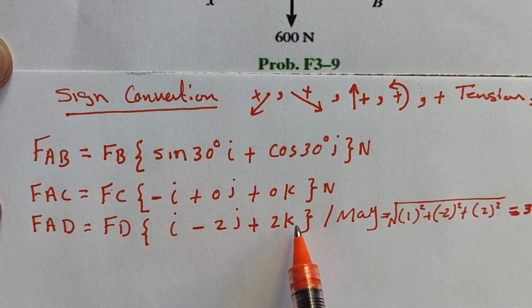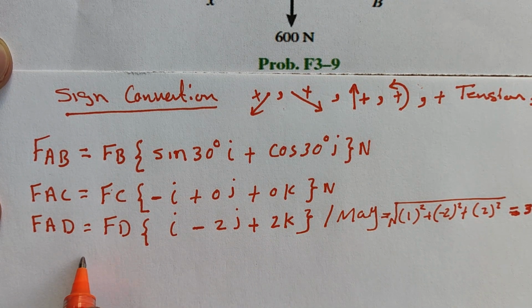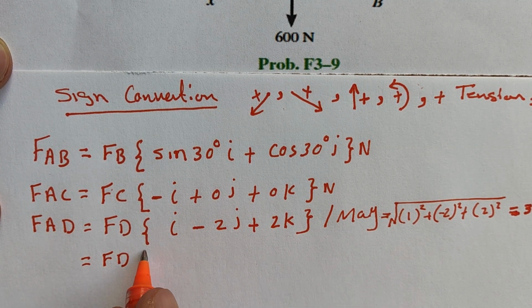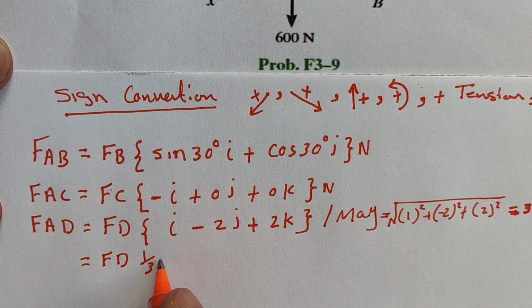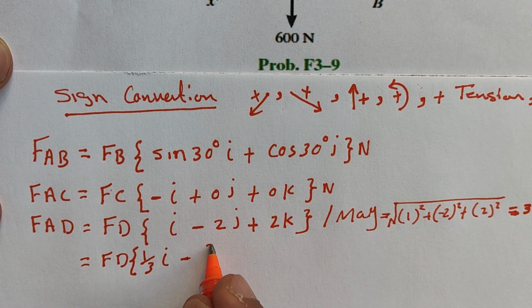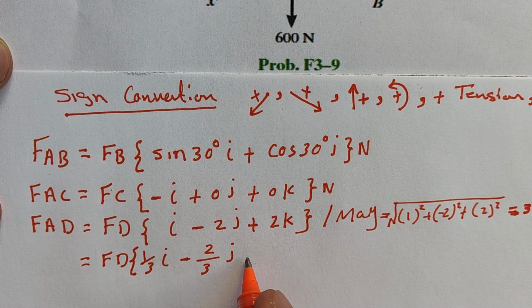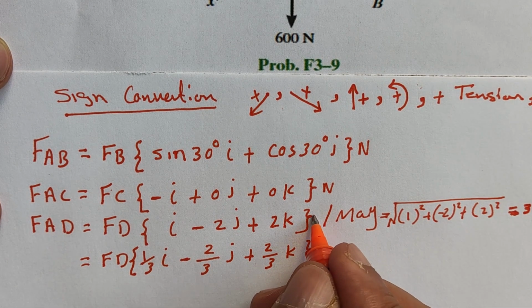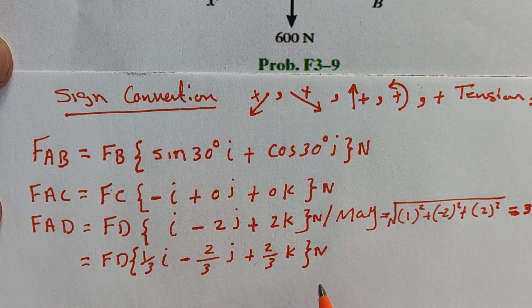So we have to divide by the magnitude. So it equals FD times 1 over 3 i minus 2 over 3 j plus 2 over 3 k, and of course this is in Newtons.